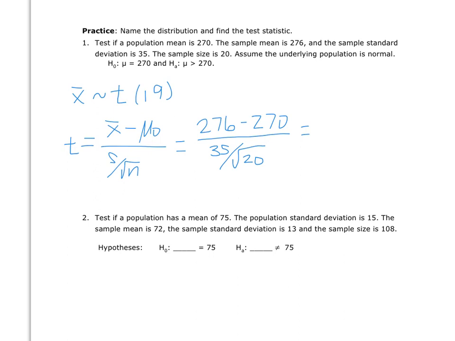That's going to give us a t-value, a sample statistic of 0.766, and it keeps going, and we can round that to 0.77.